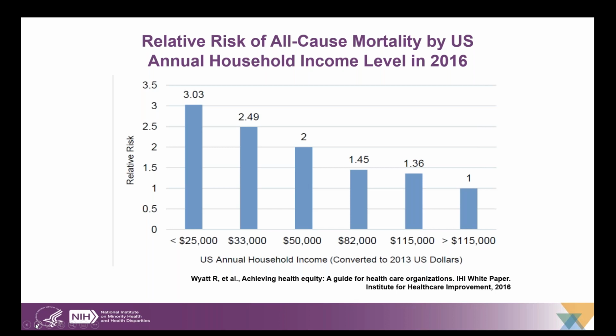And $115,000 is well off, but certainly not wealthy. Pre-COVID, the U.S. median household income was hovering around $62,000 to $64,000, to give you a sense of this robust relationship. It is as strong as blood pressure or tobacco smoking or BMI. Next slide.